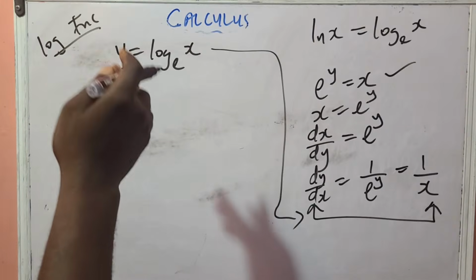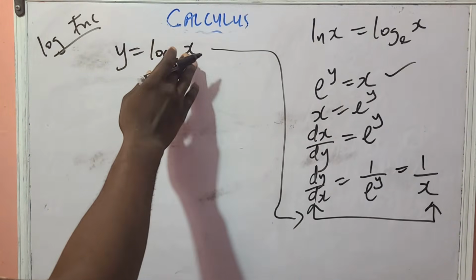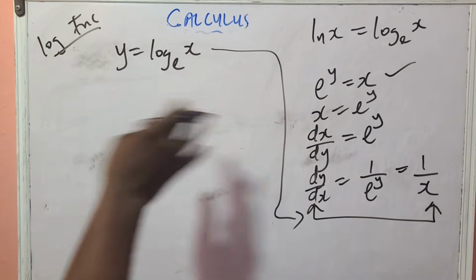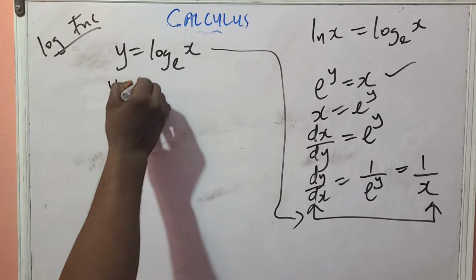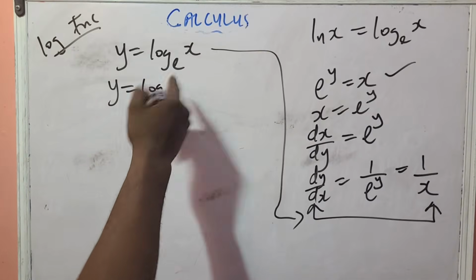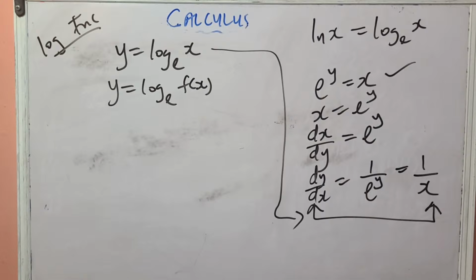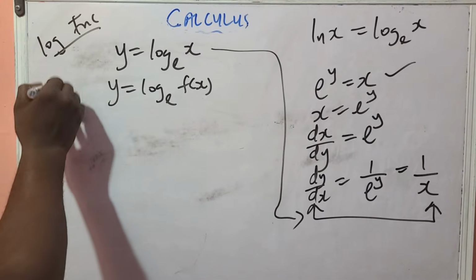And in this case, permit me to write this in a format that you will be able to understand well. I'll write this as y equals log e. Now, I'll be writing f(x) the same way I did when I was solving for exponential, where I said e raised to power f(x). I'm sure you understand.